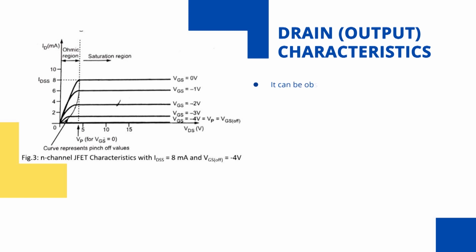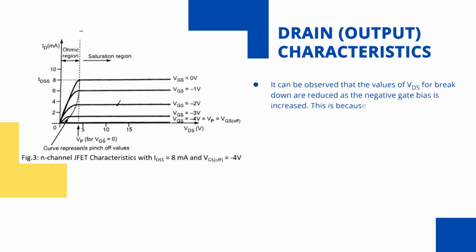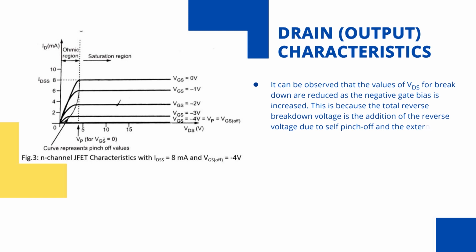It can be observed that the value of VDS for breakdown is reduced as the negative gate bias is increased. This is because the total reverse breakdown voltage is the addition of the reverse voltage due to self pinch off and the externally applied voltage at the gate terminal.